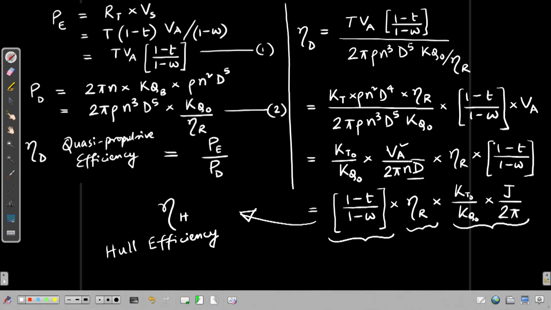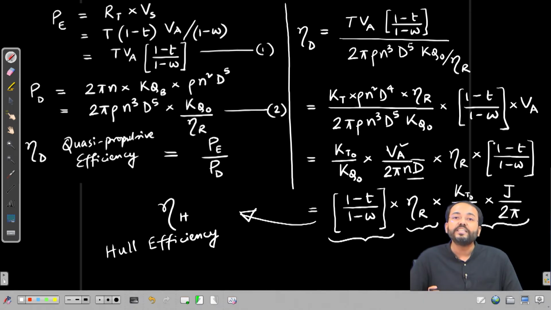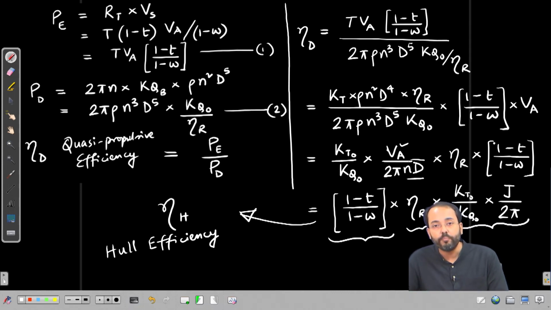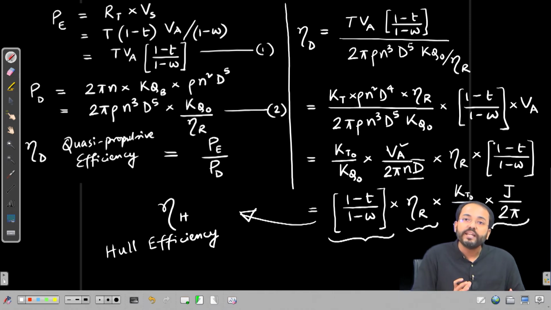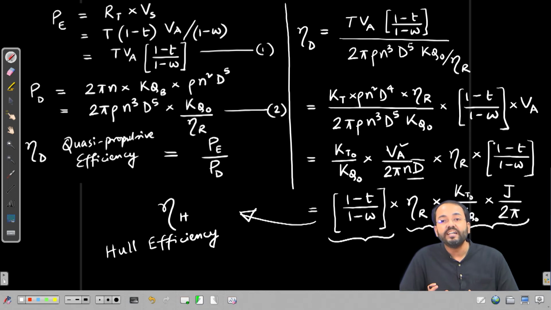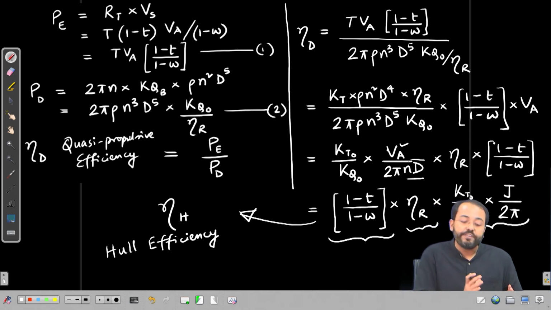Now, this is also not strictly an efficiency term. We call it efficiency because we are expressing the eta D as a function of different components. So, this component is (1 minus T) by (1 minus W), which basically relates the thrust power of the ship to the effective power.